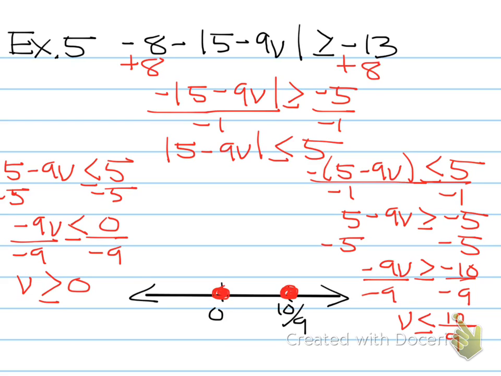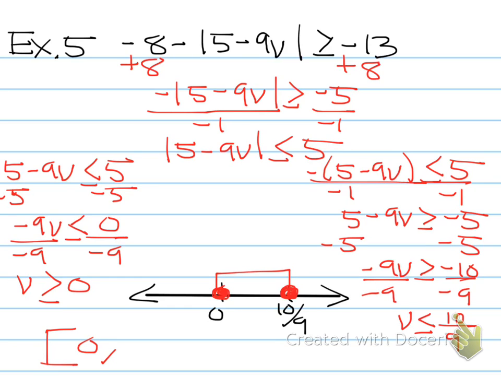And then for v is less than or equal to 10 over 9, again, we should have a closed circle, and that arrow is going to be pointing to the left. For and compound inequalities, we're looking for the intersection of those two graphs. So the intersection of those two graphs would be that space in between 0 and 10 over 9, including 0 and 10 over 9.